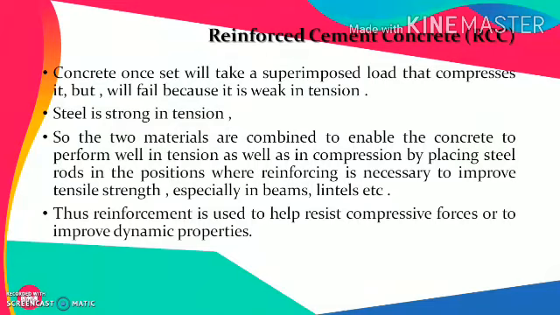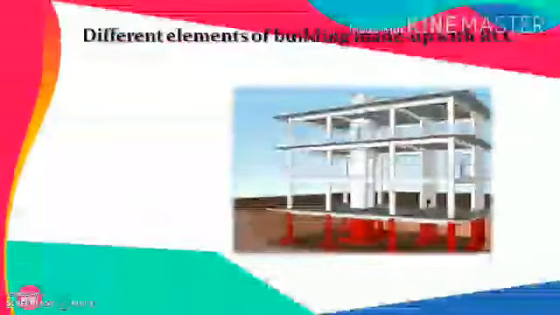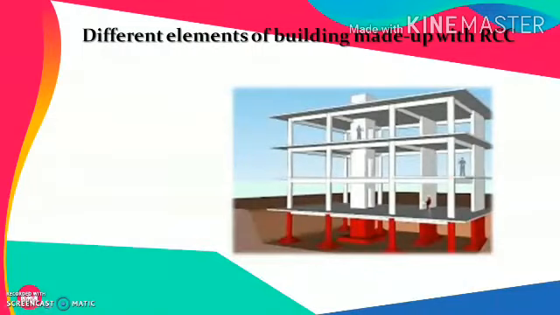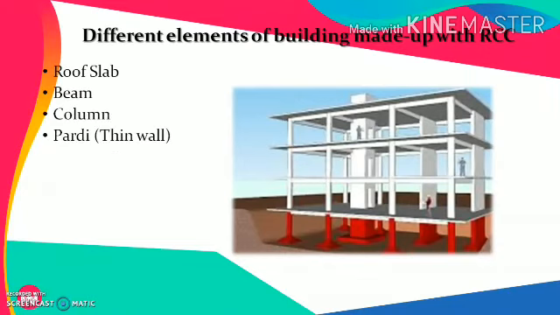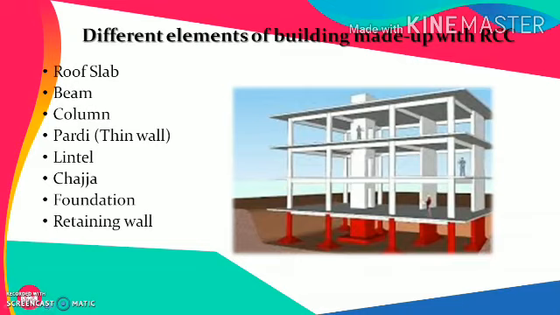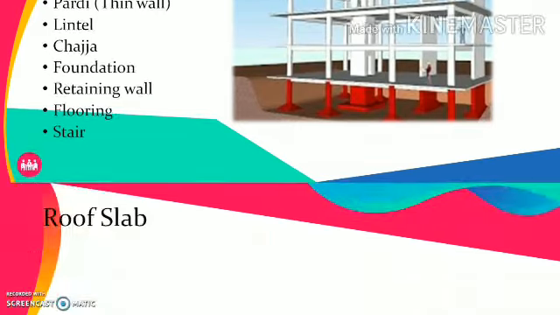Thus, reinforcement is used to help resist tensile forces or to improve its dynamic properties. The different elements of building made up of RCC include roof slab, beams, columns, parapet or thin walls, lintels, chajja, foundation, retaining wall, flooring and stair.